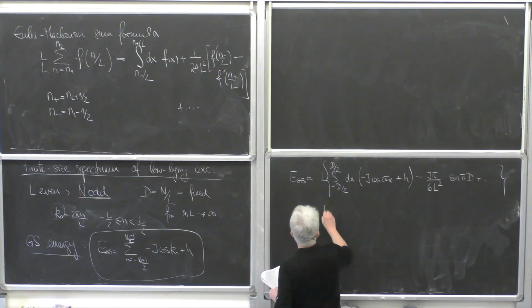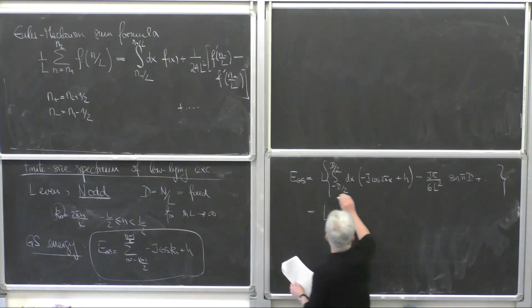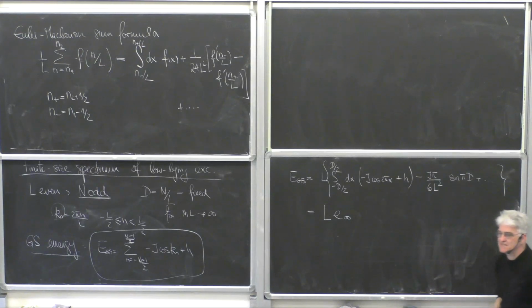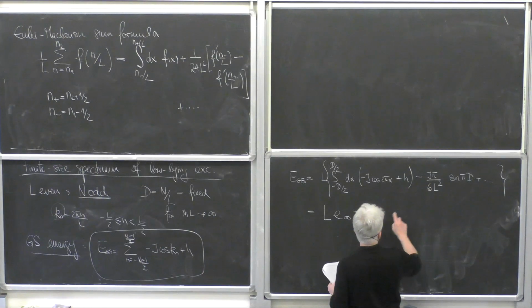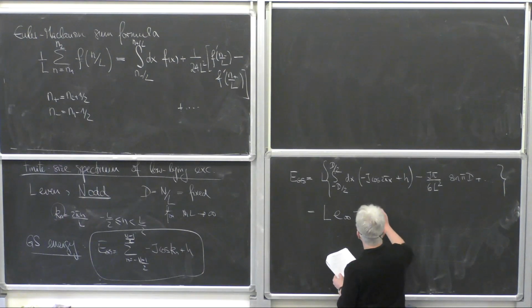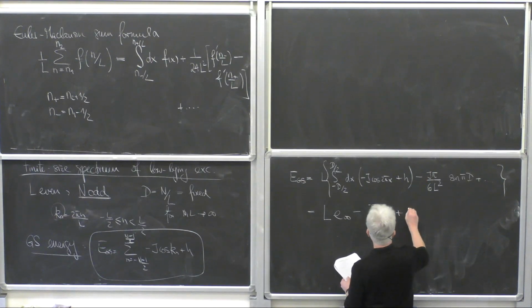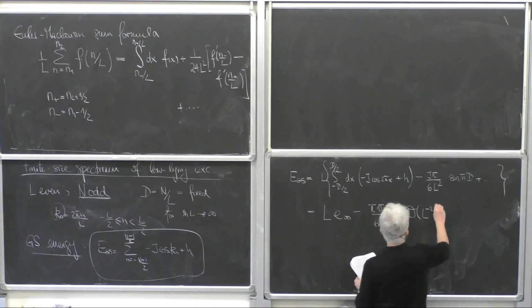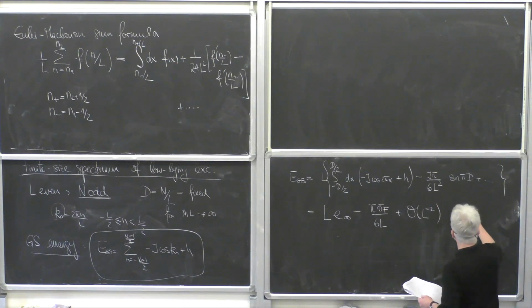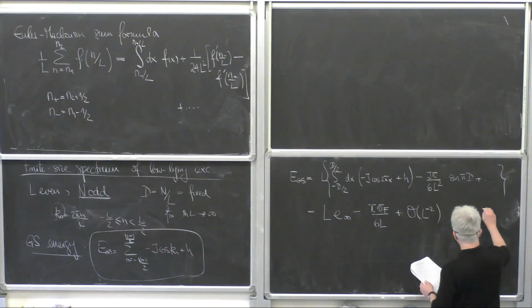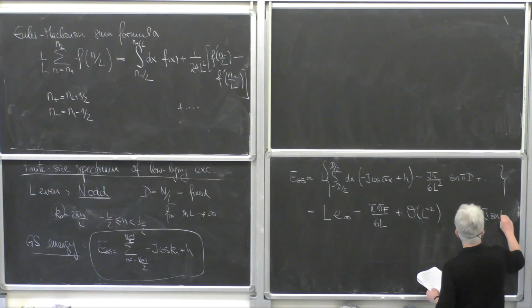Okay, so this becomes L times E infinity. So this is actually the ground state energy density in the thermodynamic limit. No longer contains L. And then the correction here is what? So this is pi times the Fermi velocity divided by 6L. And then the corrections would be here order 1 over L squared, where the Fermi velocity is just J sine kF.